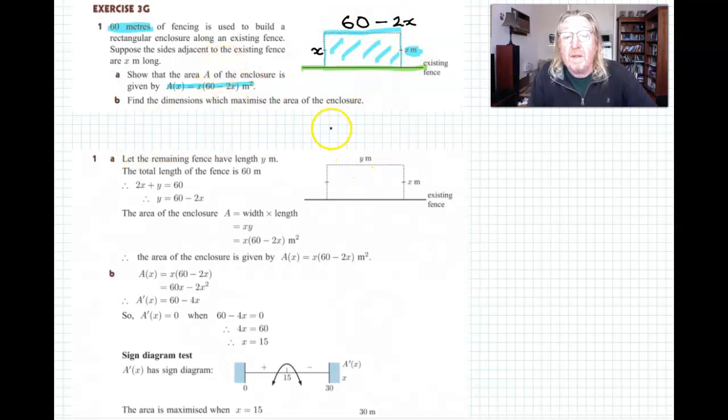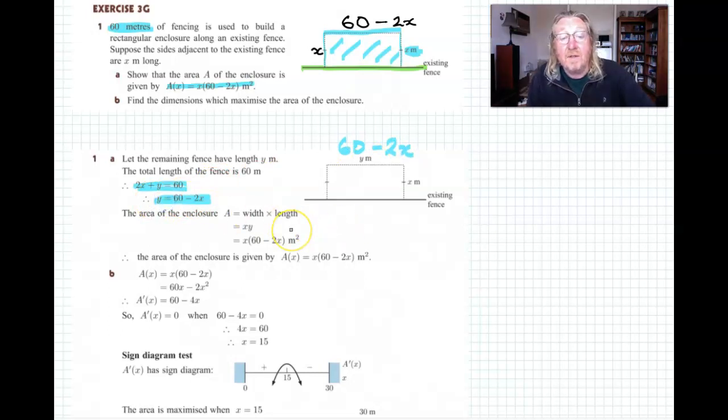Now they called that length Y here and then said that 2X plus Y must be equal to our 60 metres. I took a bit of a shortcut and said that if that's X and that's X, this must be 60 minus that. And that's what they've come to here, that length is 60 minus 2X. Now they're up to finding the area.